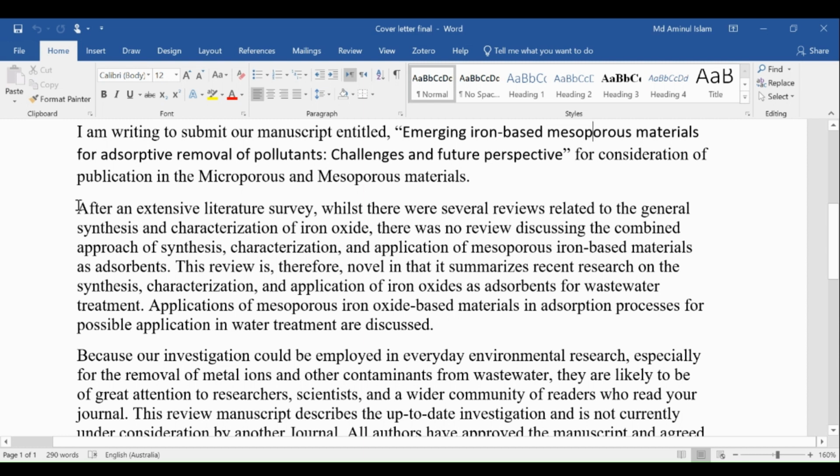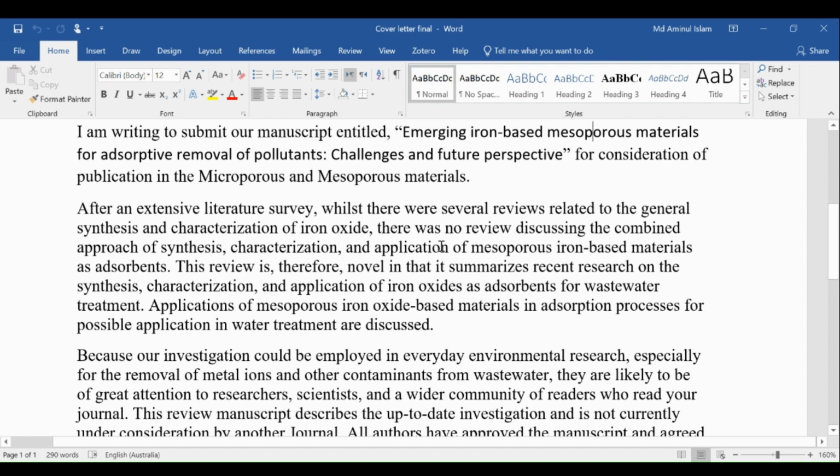For example, this is a review article, so I have written: after an extensive literature review, whilst there are several reviews related to the general synthesis and characterization of iron oxide, there was no review discussing the combined approach of synthesis, characterization, and application of mesoporous iron based materials as adsorbents.